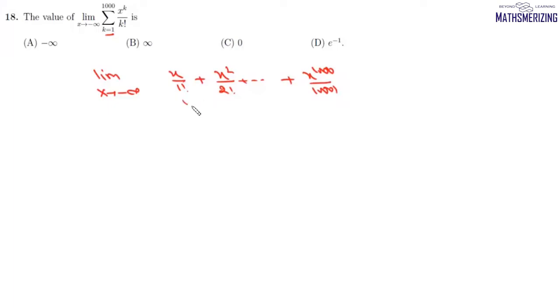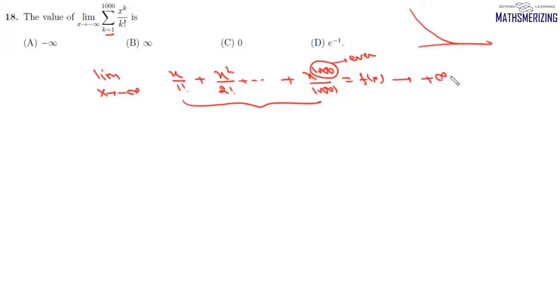Now if we consider this function, say f(x), this function has even degree, and when the function has even degree, it goes to plus infinity at both ends. So that means when the limit x tends to infinity, this function f(x) tends to plus infinity, and that's your option B.